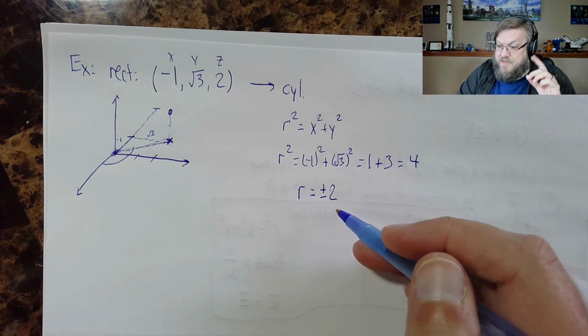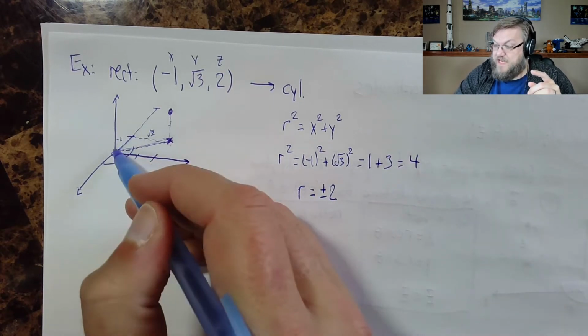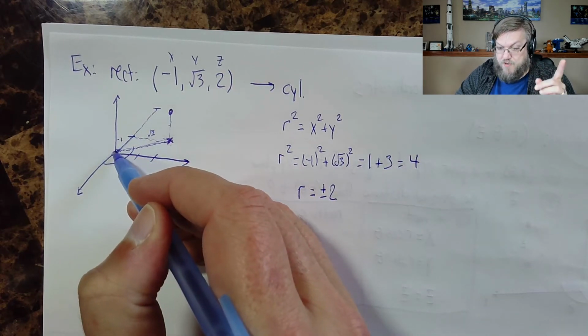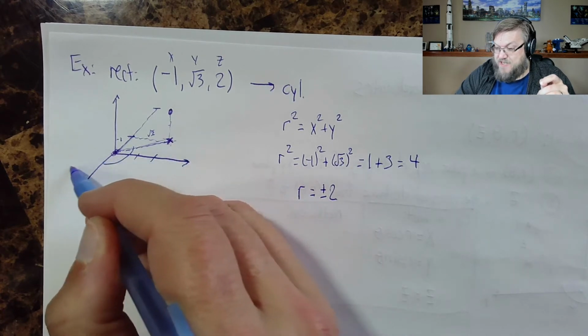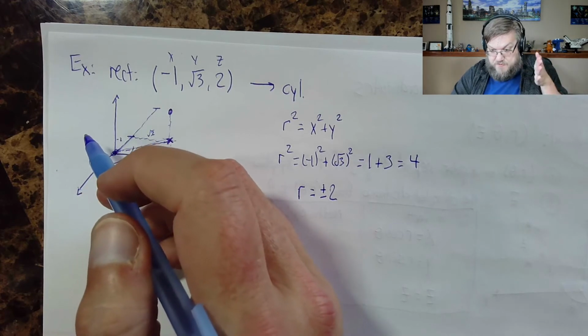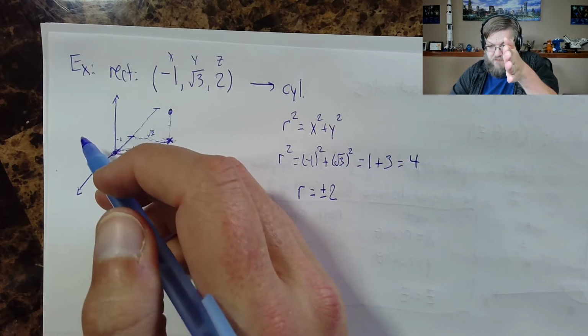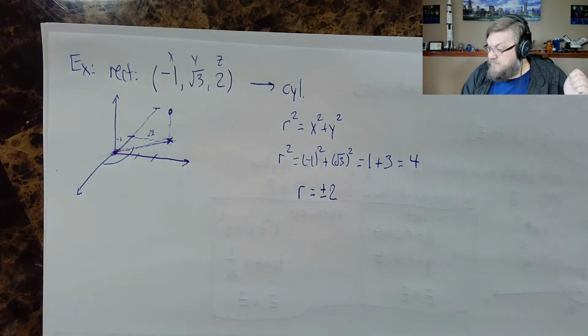On the other hand, r being negative means I walk backwards from where I'm looking. If I'm looking this way and r is negative, I'm actually going the opposite direction. I'm taking a step backwards, looking this way and walking backwards. That's what an r being negative would mean.